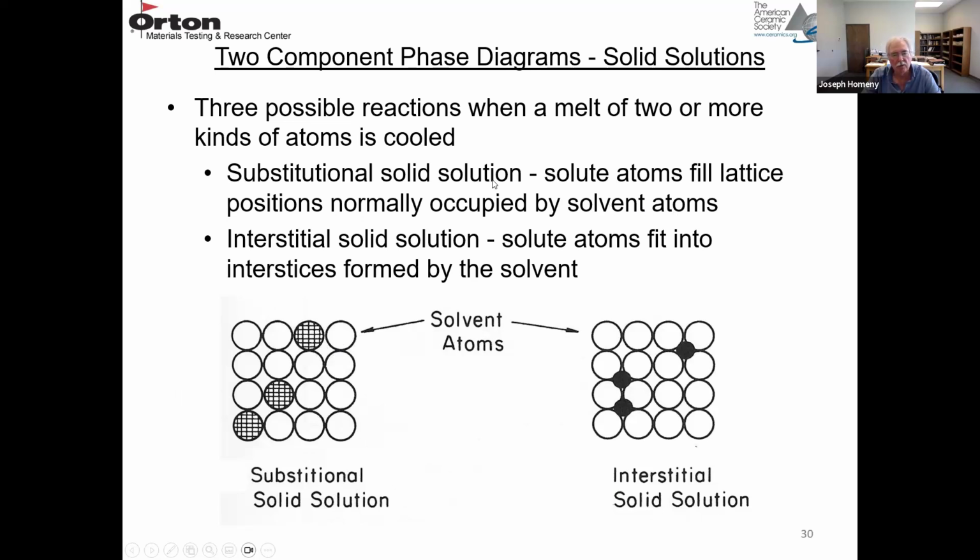That's a substitutional solid solution. There's also an interstitial solid solution. These atoms would be smaller, substituting in the interstitial positions. So the solute atom simply fits into the interstitial positions of the solvent atom.